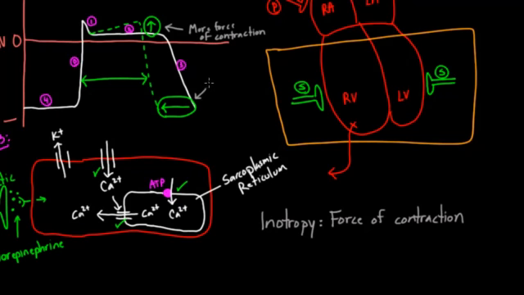So this is more, let's say, rapid ventricular repolarization. So that the ventricles are actually kind of reset and ready to fire again more rapidly. Rapid repolarization. So these are the two major sympathetic nerve effects on the ventricular muscle cells.